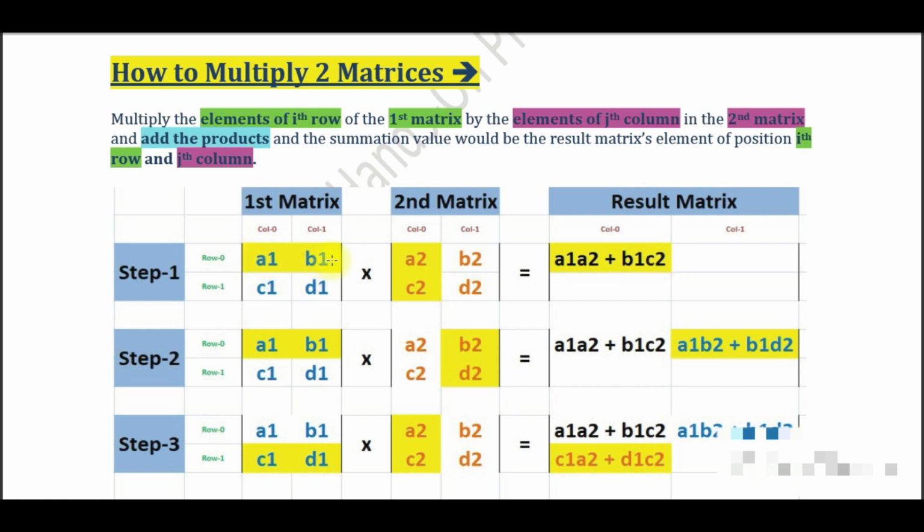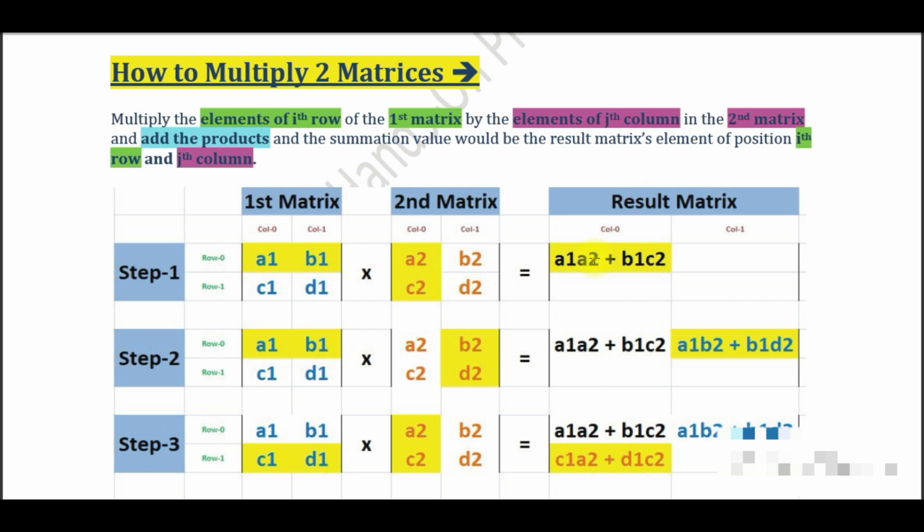So ith row of the first matrix, jth column of the second matrix, I am doing multiplications, and the products I get, I add them here, and finally whatever the result, that is calculated in the result matrix position, that is the combination of i and j, that is 0 and 0. Now this is my first step to get this value.